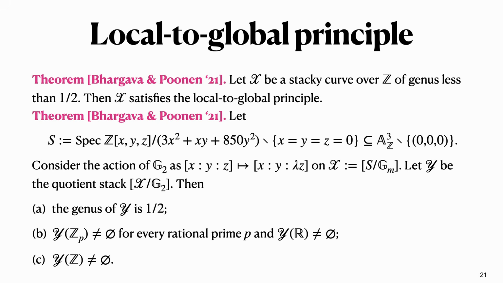Can every positive rational number be a genus of a Stacky curve? I think so. Okay. And is 1/2 so this shows it's sharp, but are there other genera bigger than 1/2 where the local global principle always holds, or is this truly a cutoff?